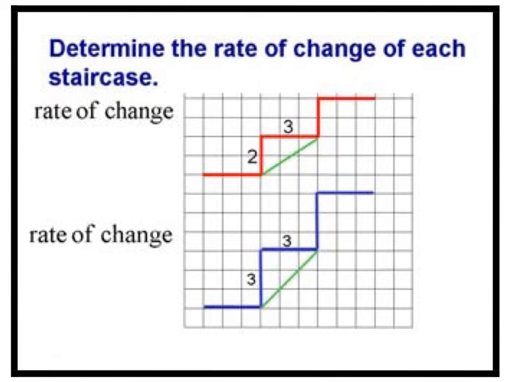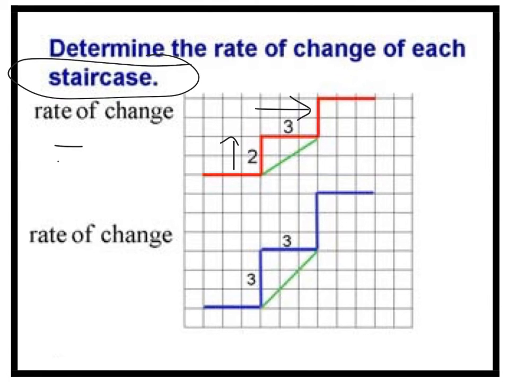We can also see this happen when we're working on graphs. These graphs represent a staircase. As we can see, each stair moves along the grid. For each question we are asked to determine our rate of change. Well, our rate of change is our rise of 2 and our run of 3.